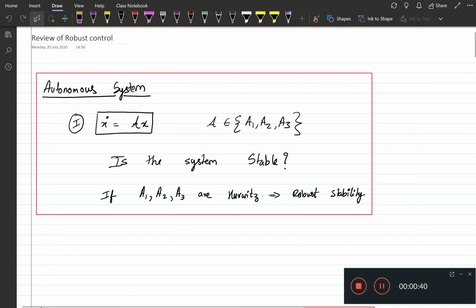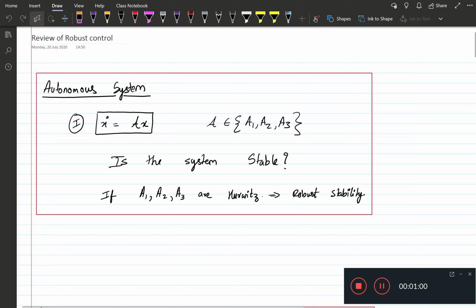Let's say we know something about this uncertainty A, in that A belongs to this discrete set of matrices. Here I have chosen a set with cardinality 3, so 3 elements. So this A could either be A1 or A2 or A3.